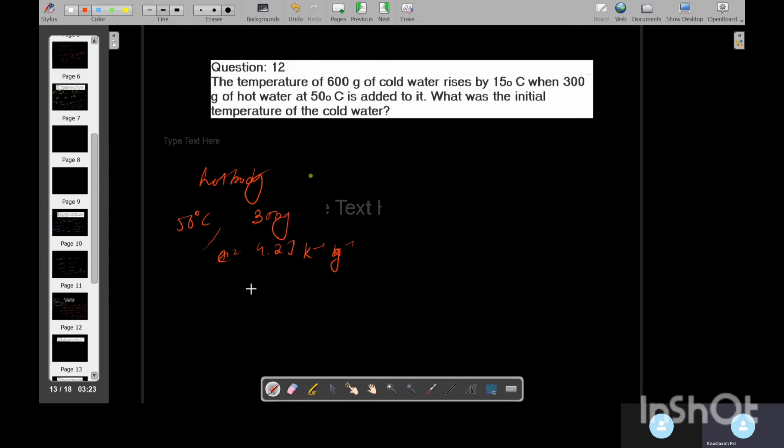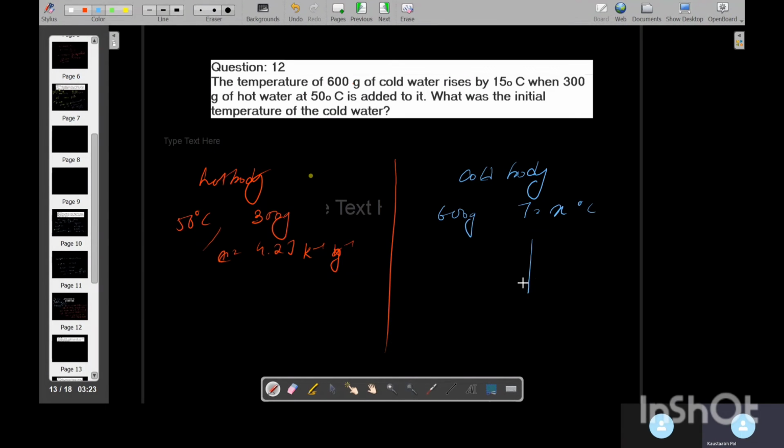If it is kilogram, it will be 4200. So the hot body is this one, and this is the cold body, 600 gram. Let me consider its temperature as x degrees Celsius.